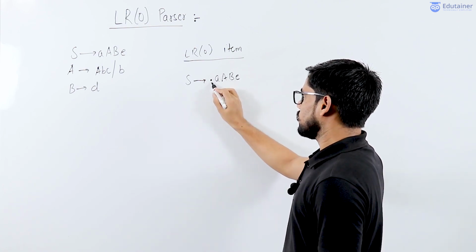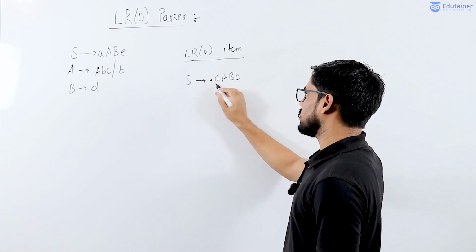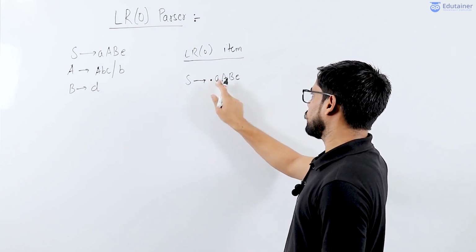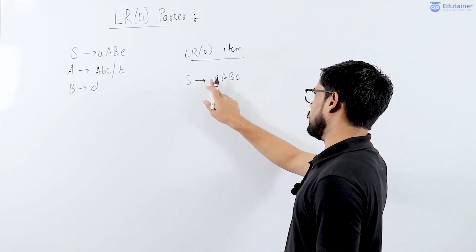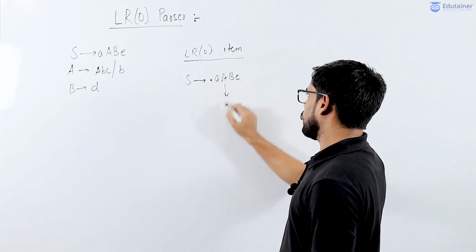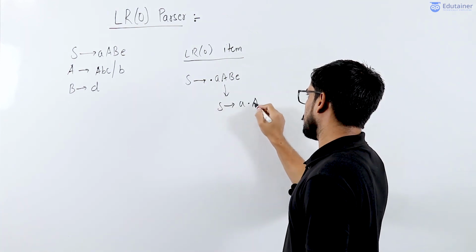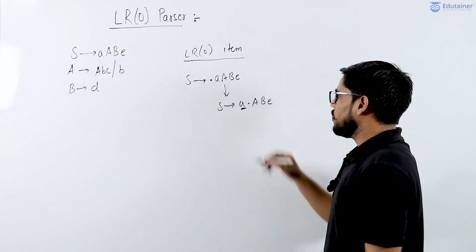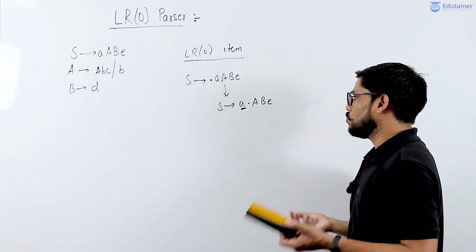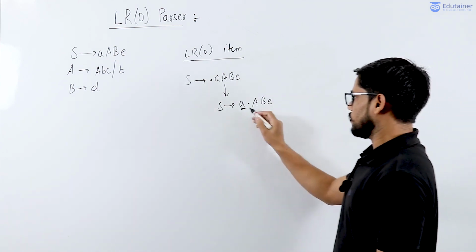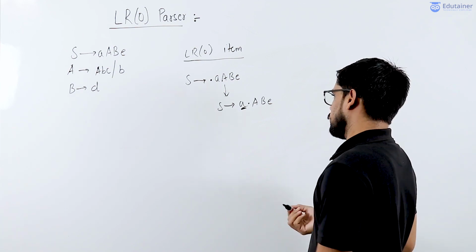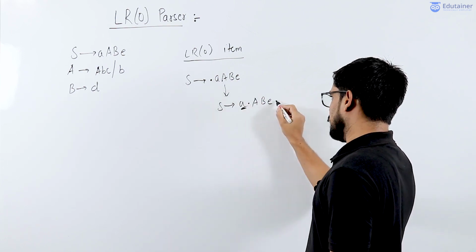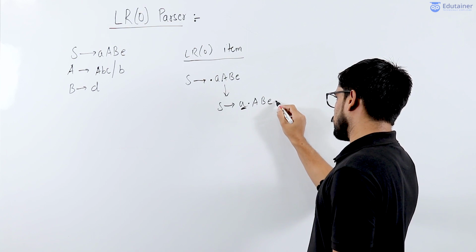It means that we have not seen anything in the right hand side of this production, and eventually this dot will move one position at a time through the right hand side. It can go as S derives A dot A B E, meaning we have seen A in the right hand side, and we want to decide whether to reduce or shift. Similarly, this dot will move right again and again, until the dot comes to the end.